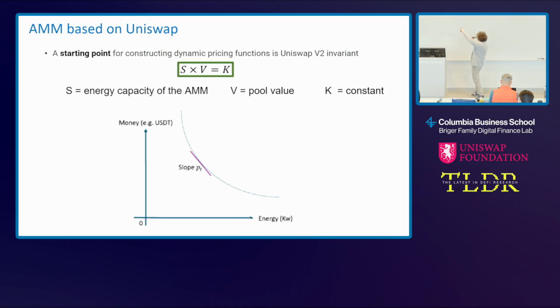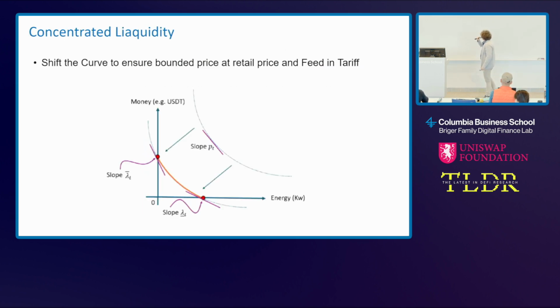So we can think about building prices by keeping constant a product of energy capacity times value of the pool. So we will have energy on the x-axis and the value of the pool on the y-axis. And the slope is the price. So what we do? First of all, we need to bound this price because there has to be no arbitrage with the outside grid.